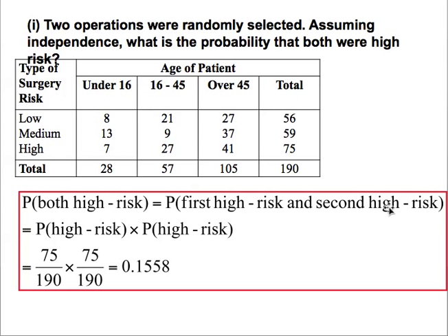Now they are independent, so the first one has nothing to do with the second one. All right, so the probability of the first one being high risk, how many high risk surgeries are there? 75, so 75 over 190 times the second one is high risk. How many high risk surgeries were there? 75 over 190. And that would be your answer, whatever the product of that works out to be.